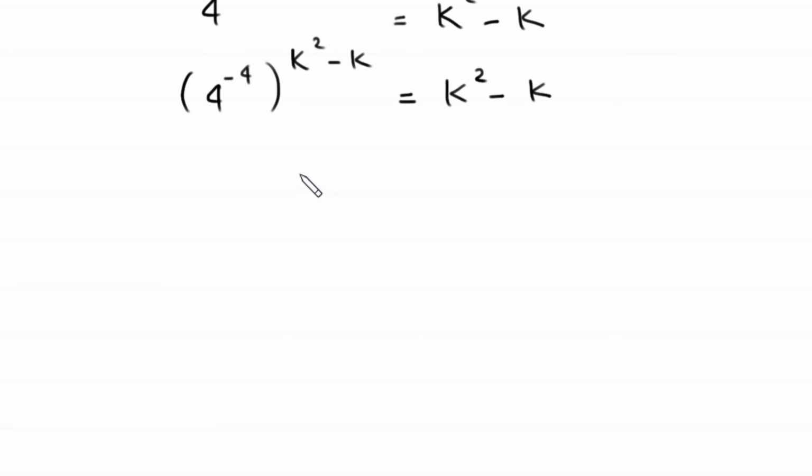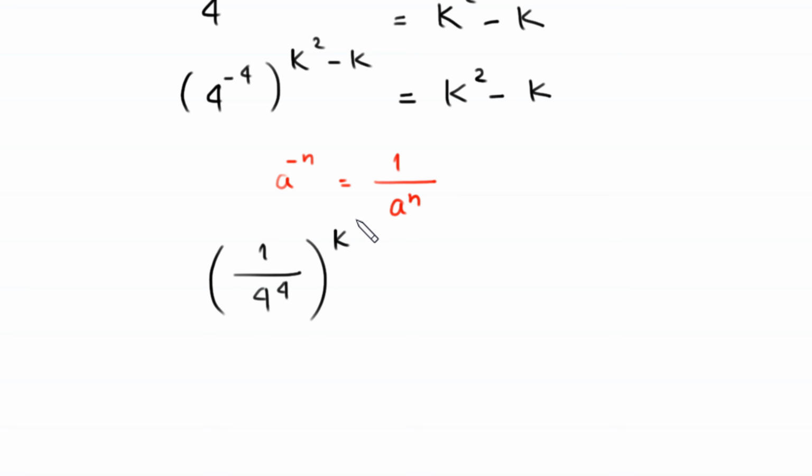Now by using this property, a to the power negative n is equal to 1 over a to the power n, we can rewrite 4 to the power negative 4 as 1 over 4 to the power 4 whole to the power k squared minus k is equal to k squared minus k.